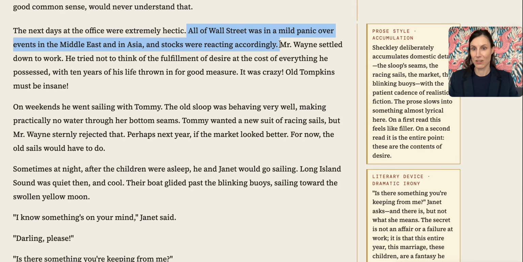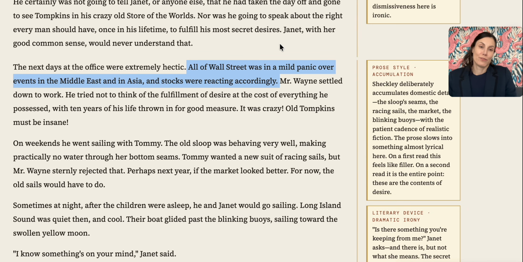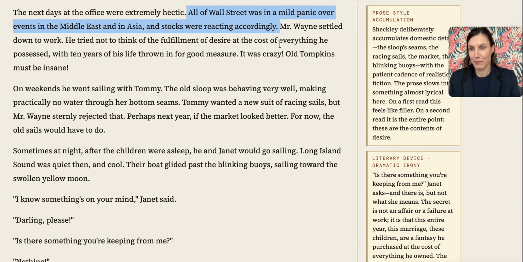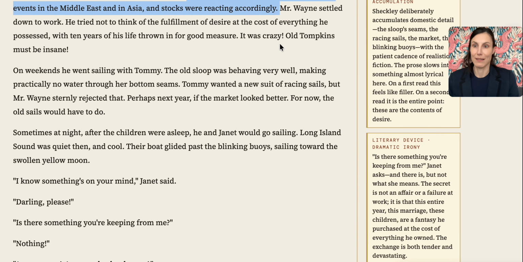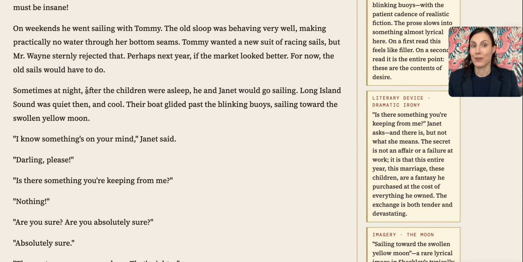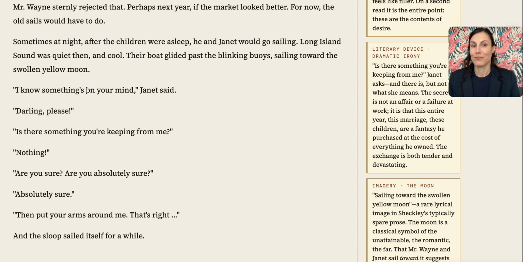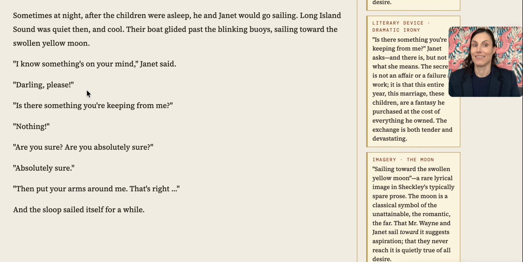"Stocks were reacting accordingly." He's even going to his job. He was some type of stockbroker. When there's wars, the stock market can go down because people don't like uncertainty in the stock market. But that would be, you could say, foreshadowing that this whole story, he was living in a nuclear disaster, apocalyptic situation setting even before, right?